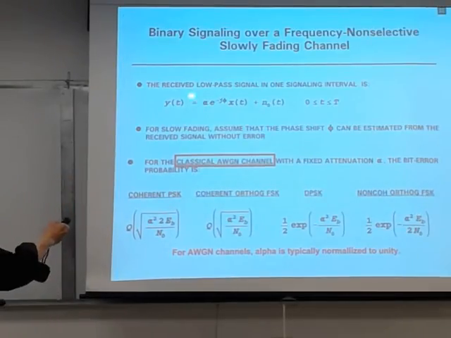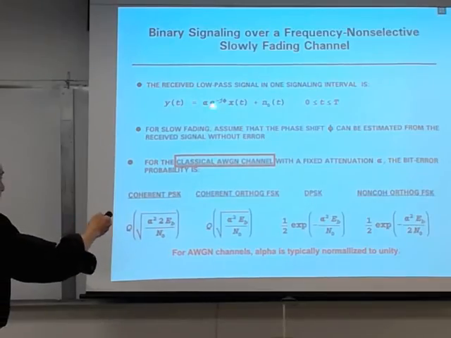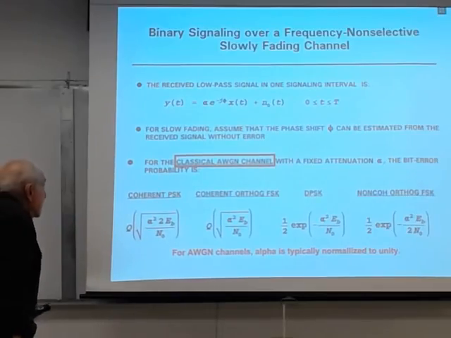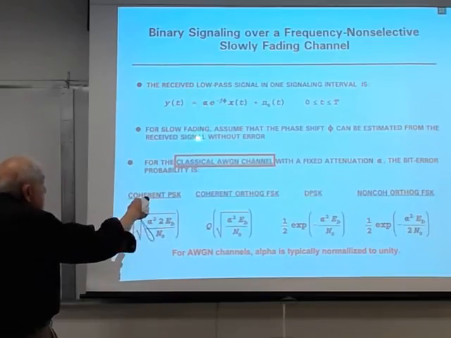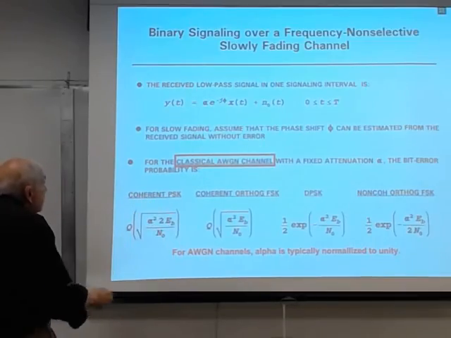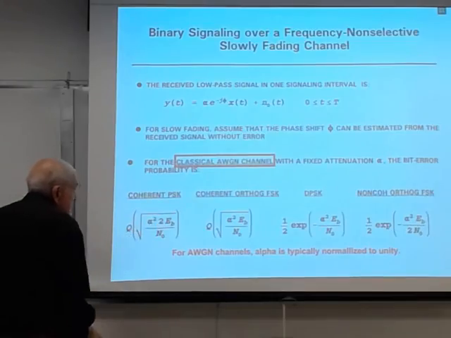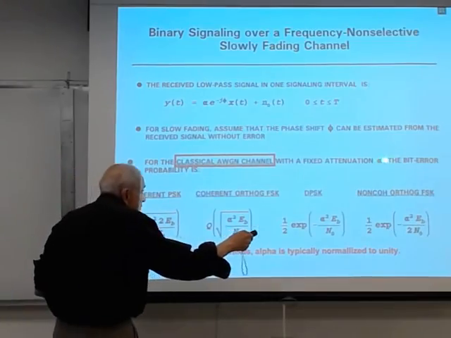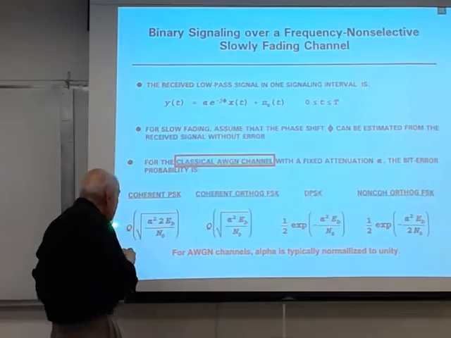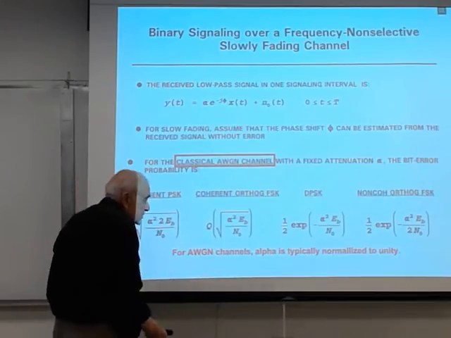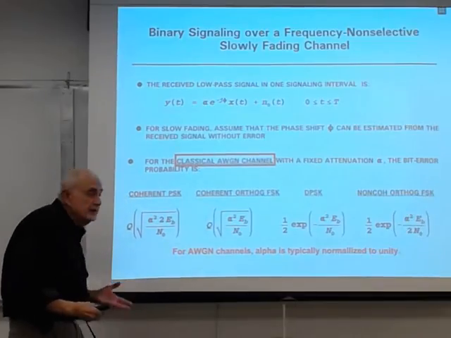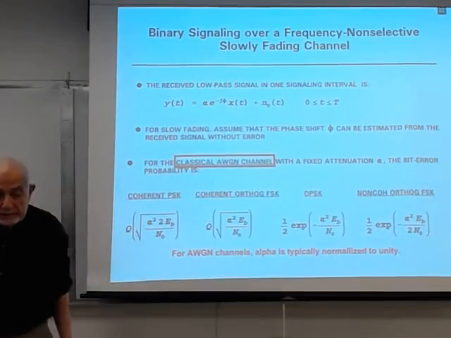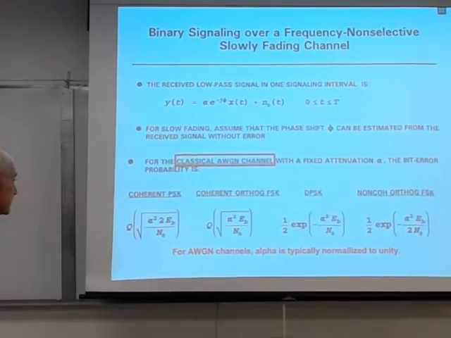So the received low-pass signal in one signaling interval simply looks like this. And for slow fading, we assume that the phase shift can be estimated from the received signal without any error. And for the classical AWGN channel, we have some fixed attenuation alpha, and then we modify our classical expressions by putting an alpha squared here. Alpha squared is typically chi-squared distributed.